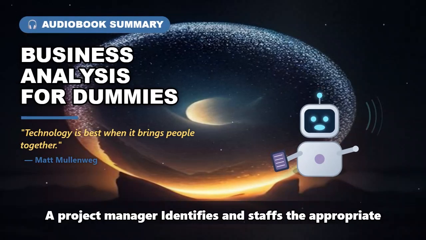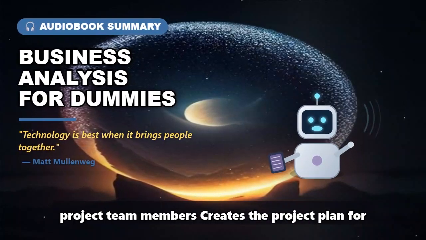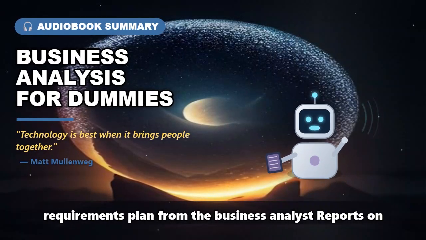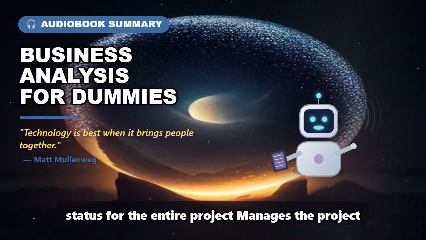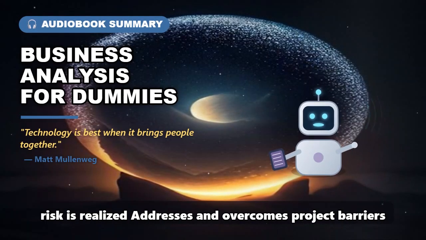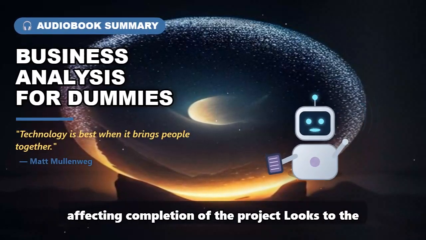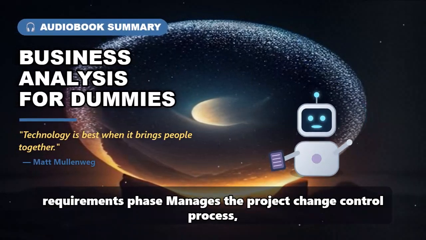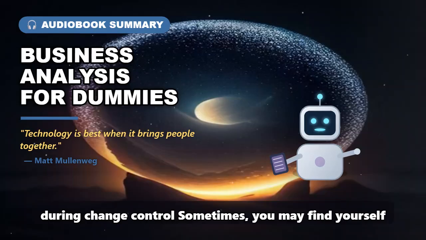A project manager identifies and staffs the appropriate project team members, creates the project plan for the overall project, and seeks input on the requirements plan from the business analyst, reports on status for the entire project, manages the project risk plan and executes risk responses if a risk is realized, addresses and overcomes project barriers affecting completion of the project, looks to the BA for updates on the progress of the requirements phase, manages the project change control process, working with the BA to address project impact during change control.